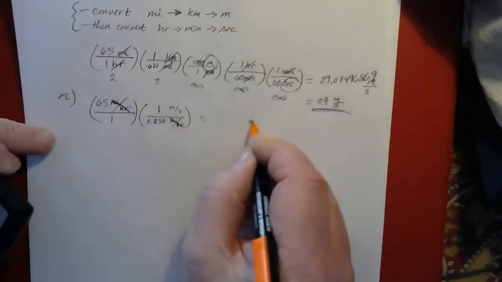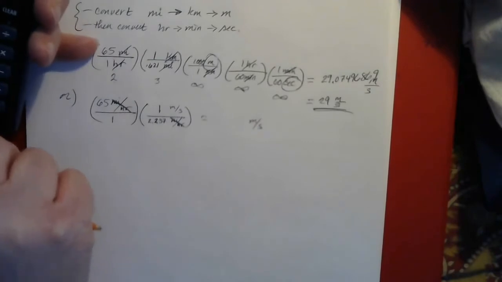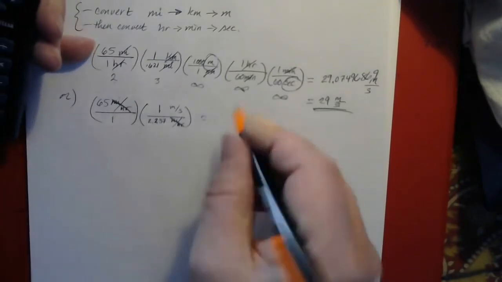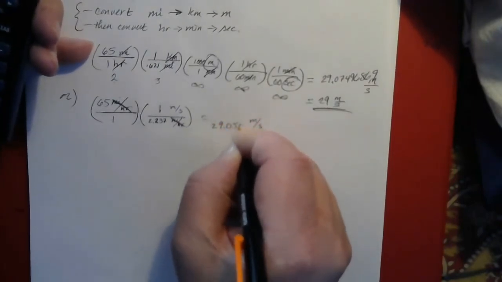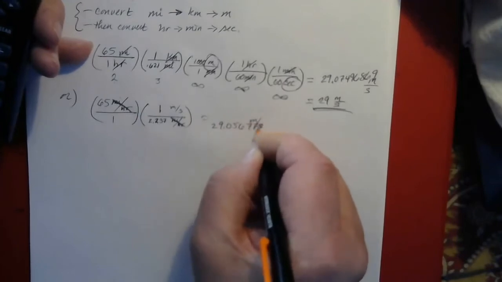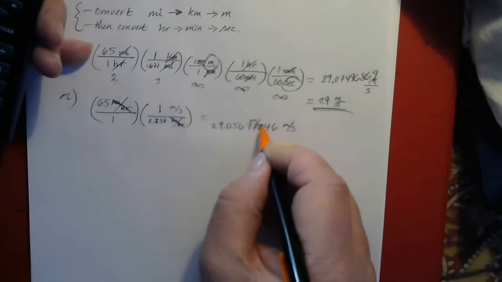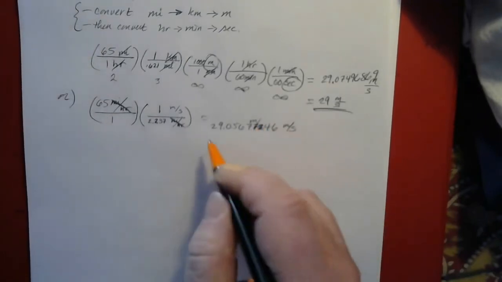So we end up with meters per second as our unit. And 65 divided by 2.237 is 29.05677246. Some of the numbers got garbled there, but we're going to have to cut these digits off anyway.